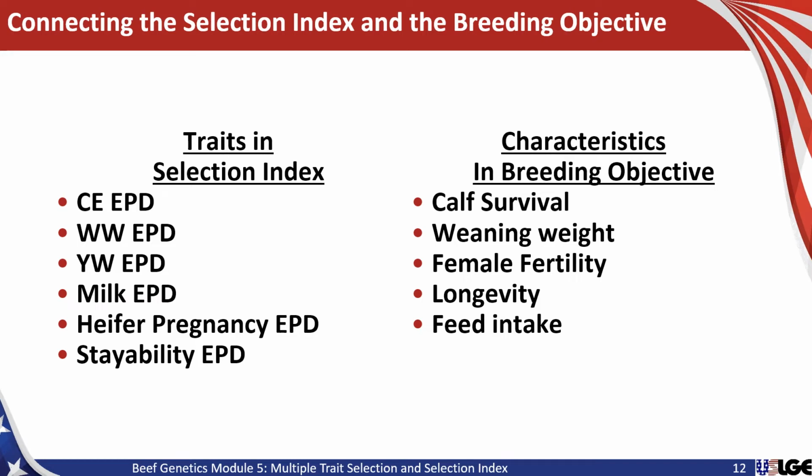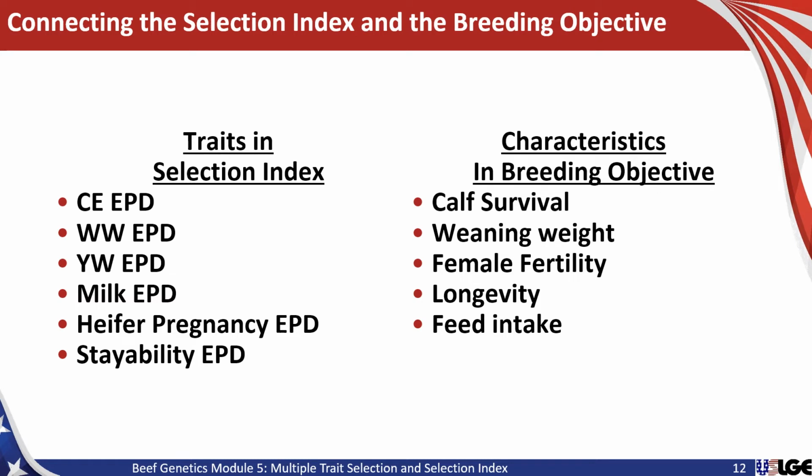So this slide represents how to connect the selection index and the breeding goals. The traits in the selection index are those which we have EPD for. The traits in the breeding goal or the breeding objective are the things that we wish to improve because they are directly related to profitability.